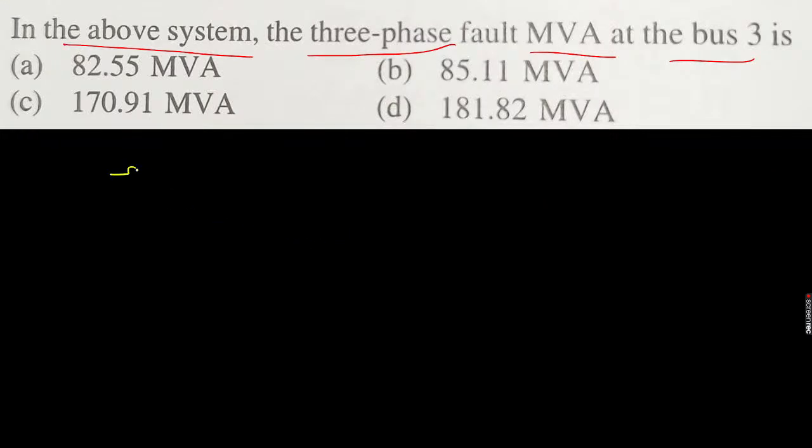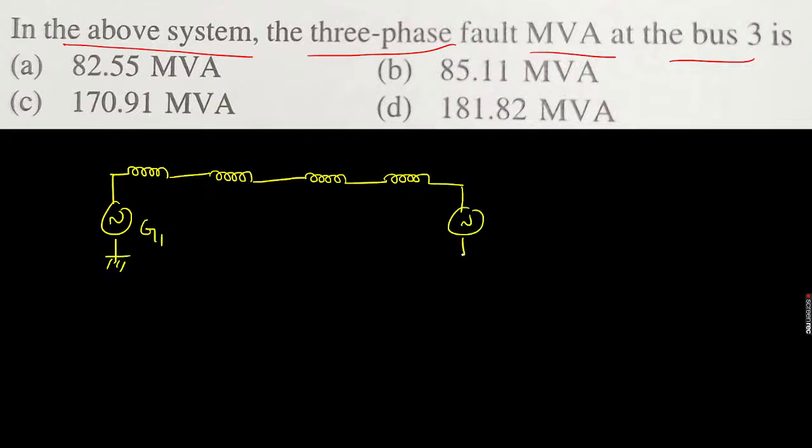Okay, let me draw it first. This is generator G1, this is generator G2. First you must think. This is j 0.1 per unit, j 0.1 per unit, j1 per unit, j1 per unit.